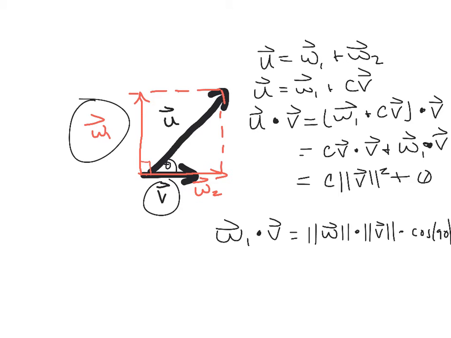And the cosine of 90 is 0. So W1 dot V equals 0.